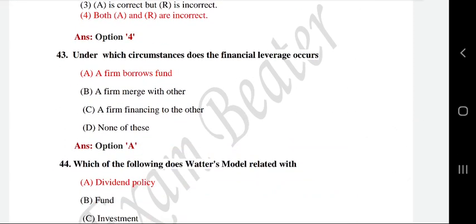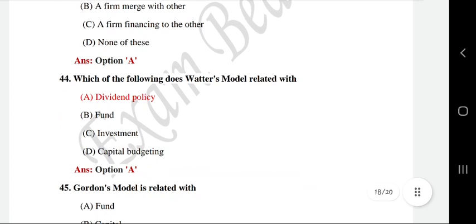43. Under which circumstances does financial leverage occur? Option A is the answer: a firm borrows funds.